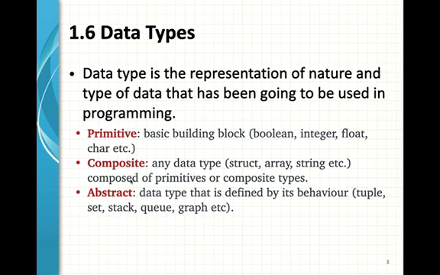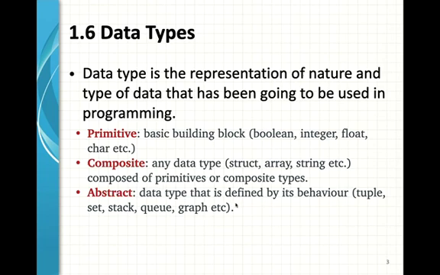And composite: when any data type is constructed or composed by these basic or primitive data types, like boolean, integer or float, then these are known as the composite data types, and the examples are struct, array, string, etc. And the abstraction, you already know about the abstract data type.